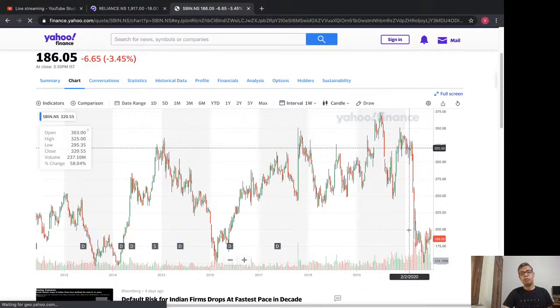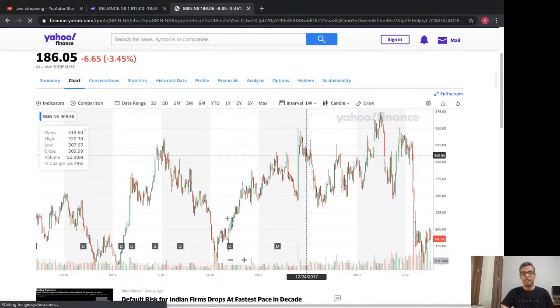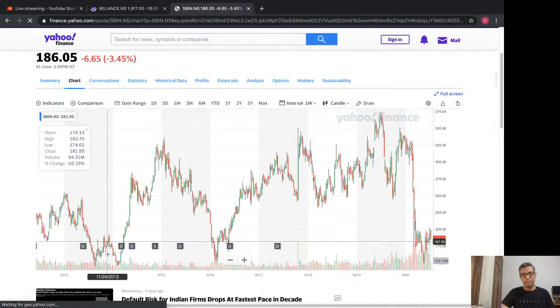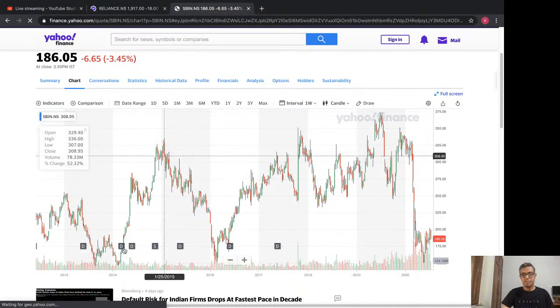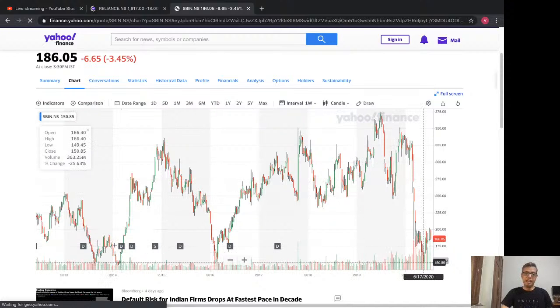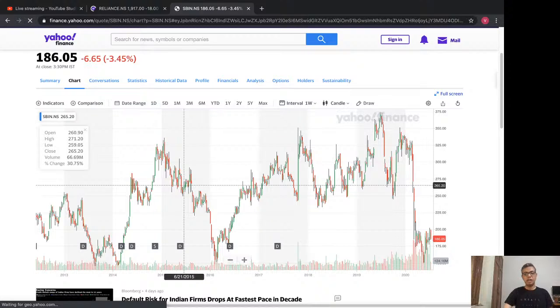Well, maybe nothing can go wrong as far as the bank is concerned, but if you were stuck at the wrong time in this stock, you would probably have made a lot of loss. For example, if you had invested somewhere in 2014, right here, you would have the same price today as you had in 2014, which essentially means that in 6, 7 years you wouldn't have made any money.